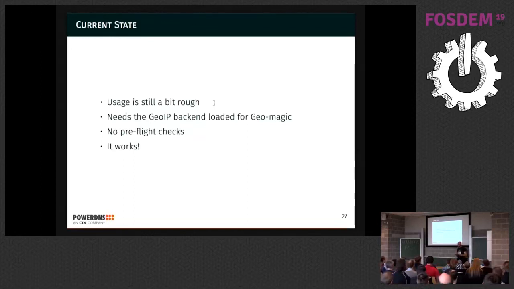Right now, if you need to use the GeoIP magic, you need to start the GeoIP backend. We'd like to take this out and just enable GeoIP from the server configuration without needing the GeoIP backend. There are no pre-flight checks. If you put Lua in there, you will only see an error once the record is retrieved. So there is no checking at the moment of whether or not your Lua is correct.